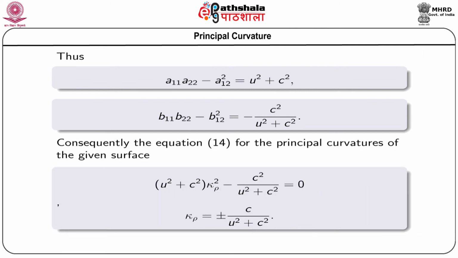Consequently, the equation for the principal curvatures of the right helicoid becomes u square plus c square kappa rho square minus c square by u square plus c square equal to 0. So, kappa rho is equal to plus minus c by u square plus c square.